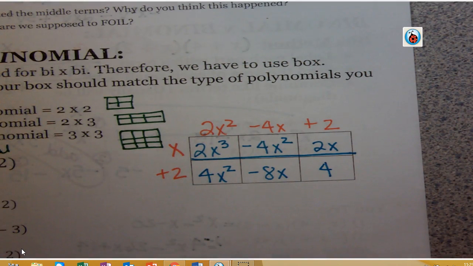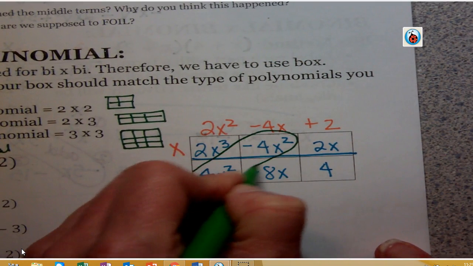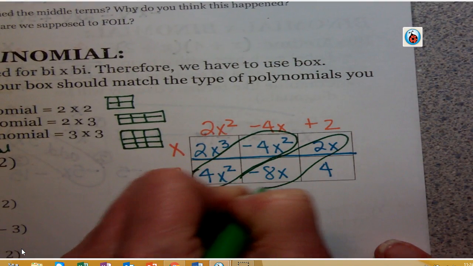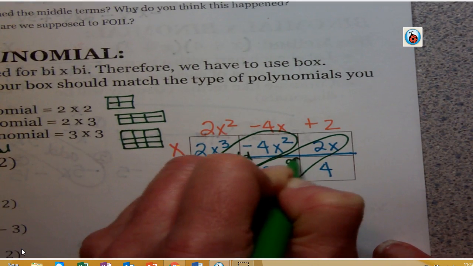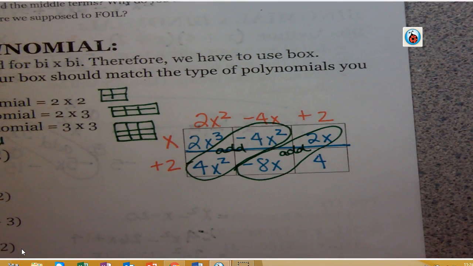Then I notice that I have some like terms. I actually have 2 sets of like terms. I have this grouping, and I have this grouping. So I'm going to add my like terms together.